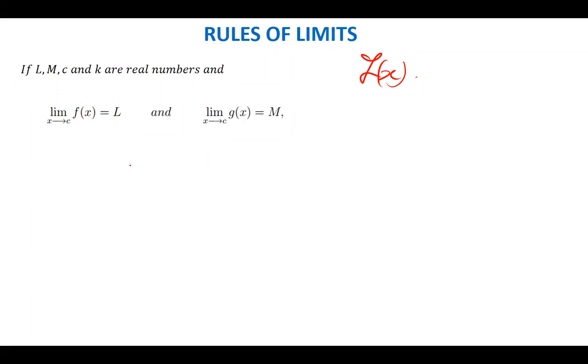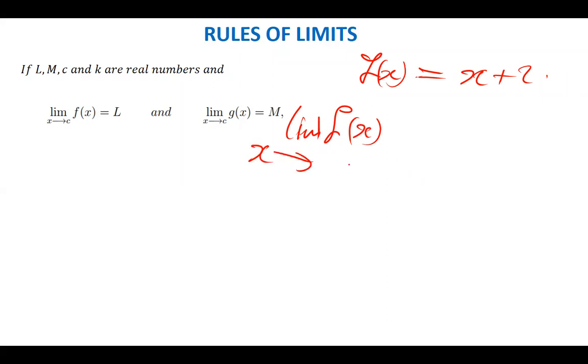If f of x is equal to, maybe, x plus 2, and they say find the limit of f of x when x is approaching, let's say, 3, the answer will simply be, you take this 3 and replace it there in the expression. So we'll have 3 plus 2, and your answer will just be 5.